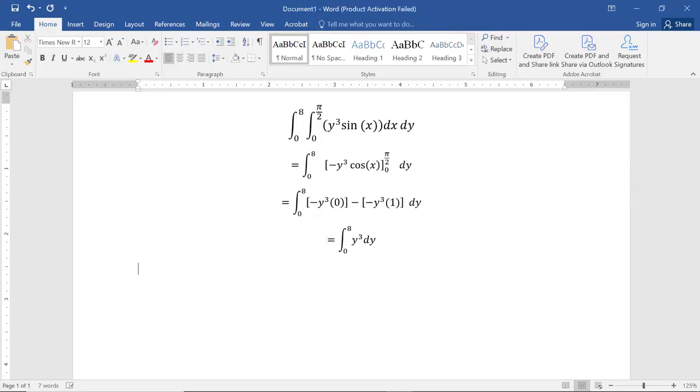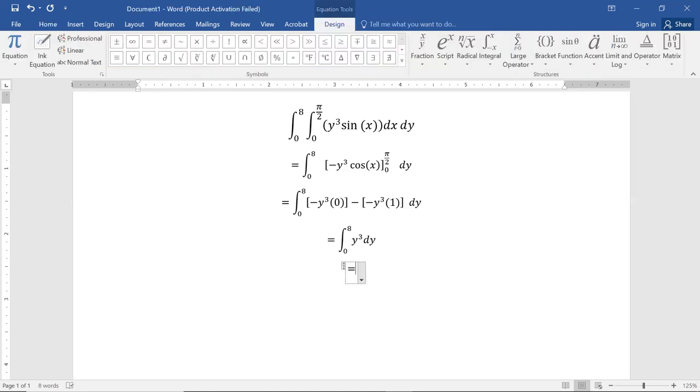This is just a polynomial integration. Y to the third, one antiderivative is 1/4 y to the fourth. Again, we're going to go from 0 to 8, so I plug in an 8.